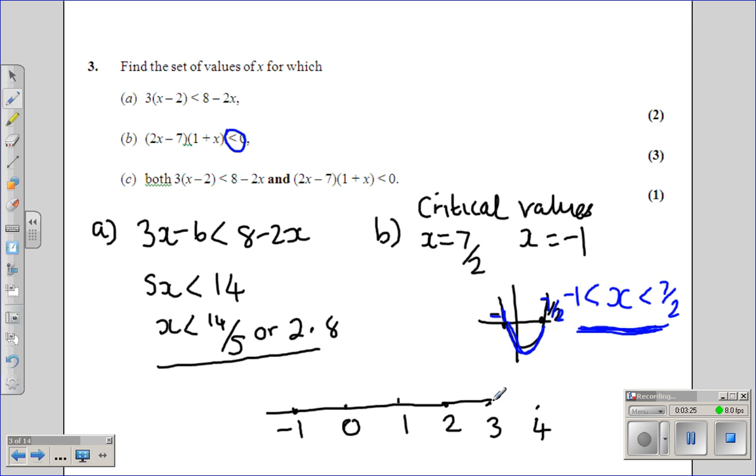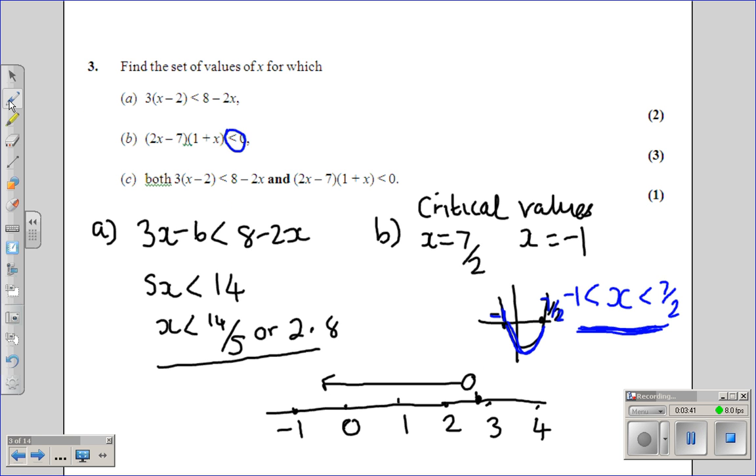Let's continue that. So for this one, x has to be less than 2.8. So anything before 2.8, that's fine.